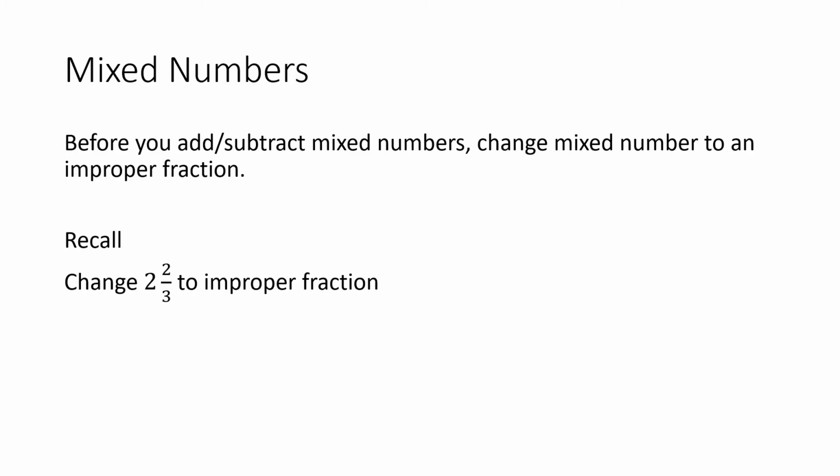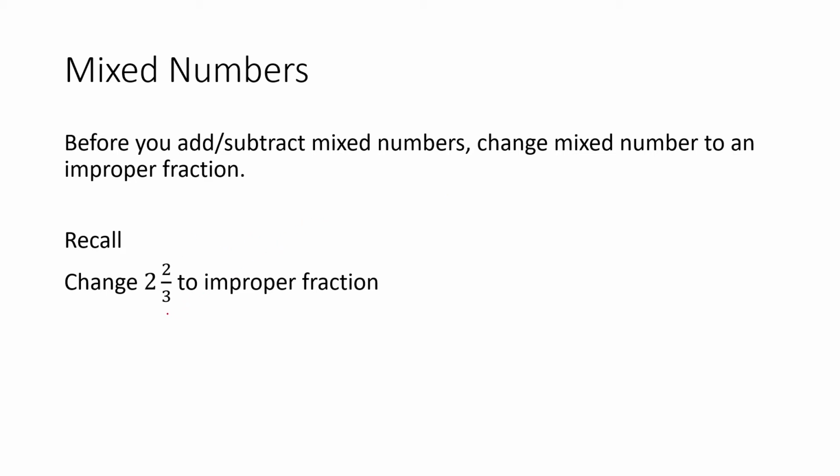Now in this section, you guys are also going to have mixed numbers. So when we are dealing with mixed numbers and we want to add or subtract, the number one thing you should do first is change mixed numbers to improper fractions. So how do you change a mixed number to an improper fraction?